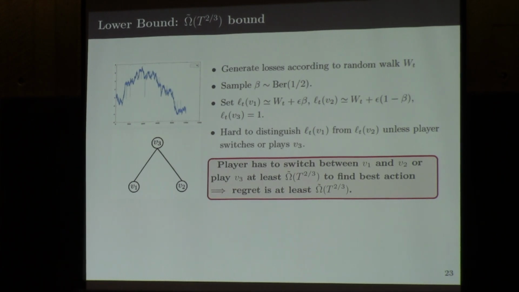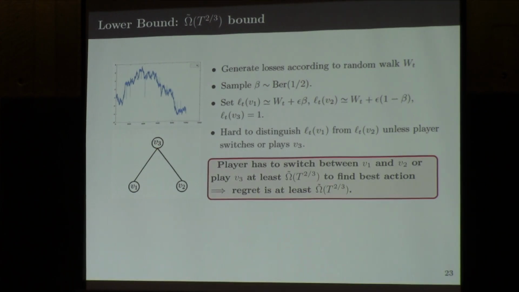There is a construction which goes as follows. Imagine you have 3 arms, and this is the feedback graph you have. V3 is a revealing arm, which if you pull, reveals losses also for V1 and V2. And we set the sequence of losses as follows.